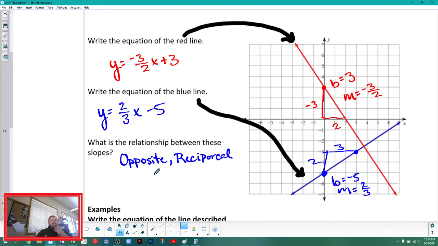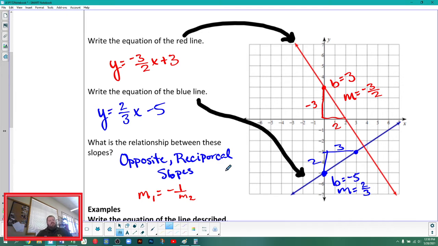We say that two lines are perpendicular if they have opposite reciprocal slopes. And I did mention that there's kind of a mathy definition, and there is. It's that one slope is equal to the negative 1 over the other slope. That's, again, very mathy.